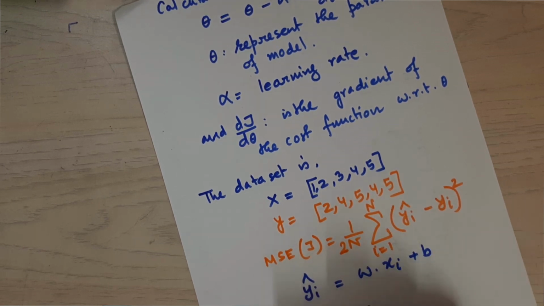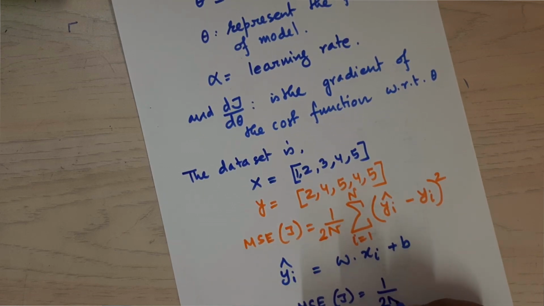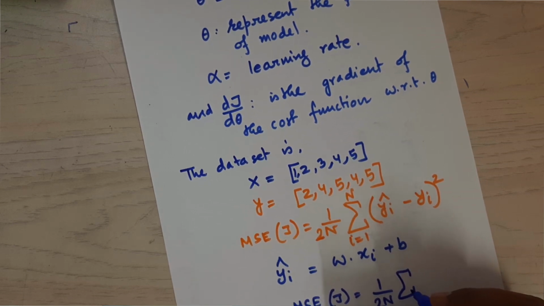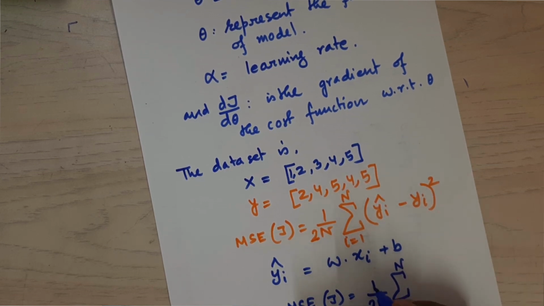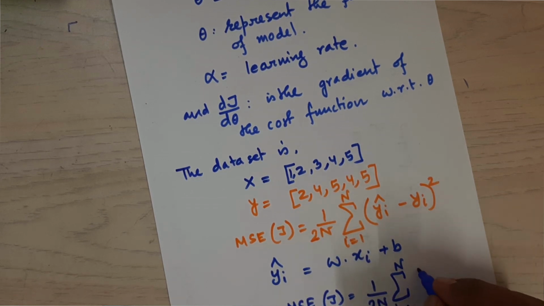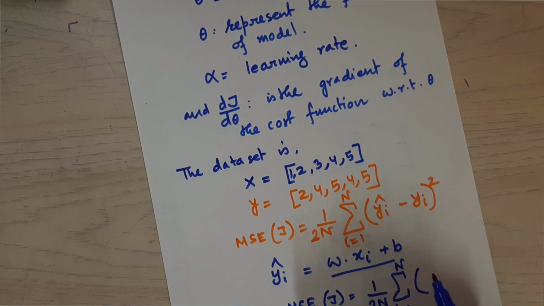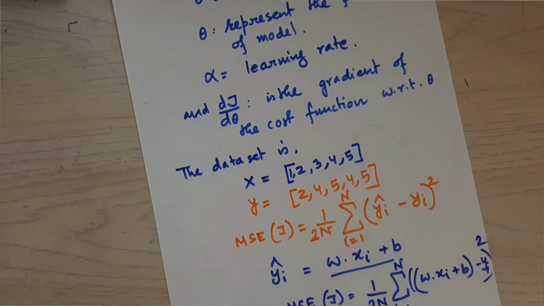The mean squared error will be summation over i is equal to 1 to n and 1 by total batch size into 2, and now y hat will be replaced by this, so it will be (w into xi plus b minus y) whole square.